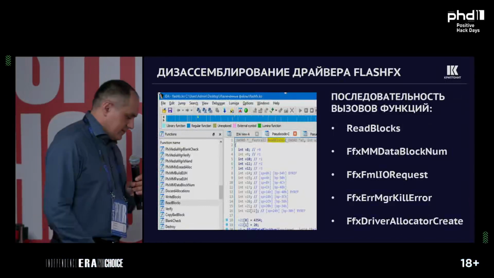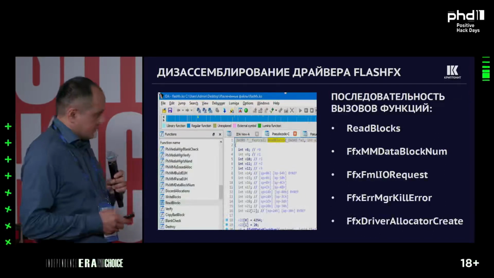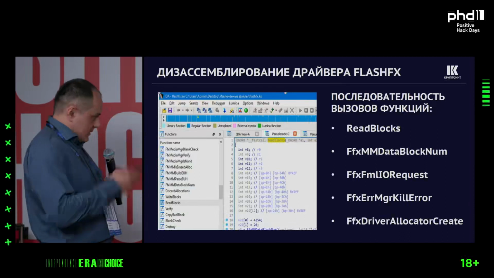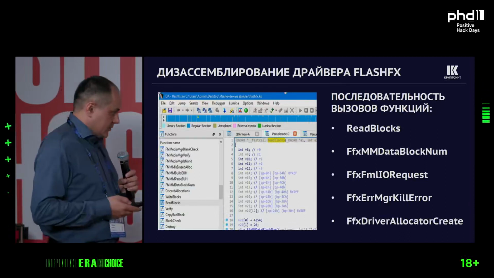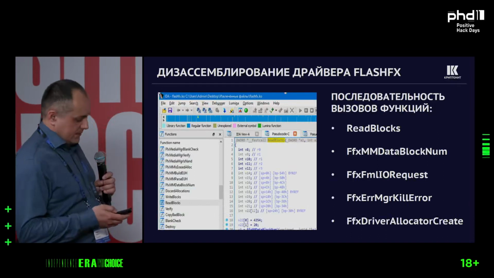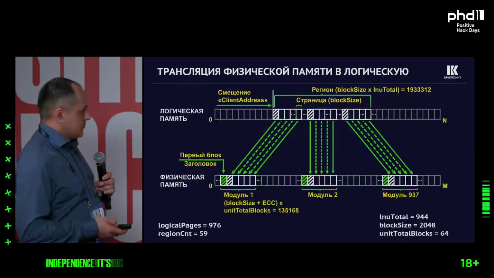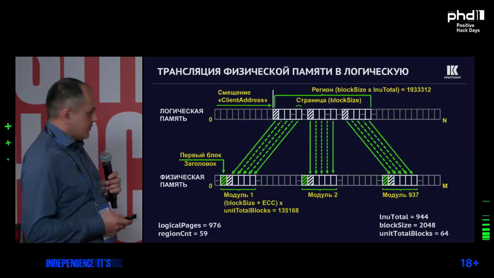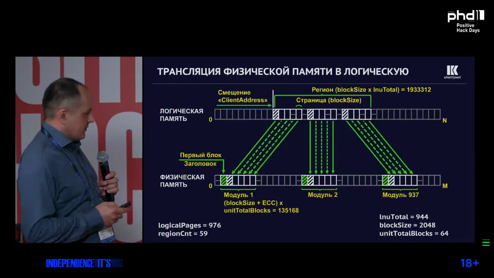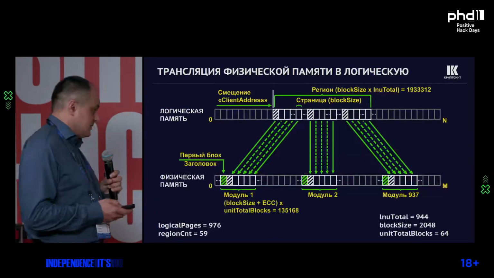Then you can disassemble the FlashFX driver, understand how it works, call the functions mentioned, and then it passes the control to the translator itself. You then need to project from physical memory into logical memory.